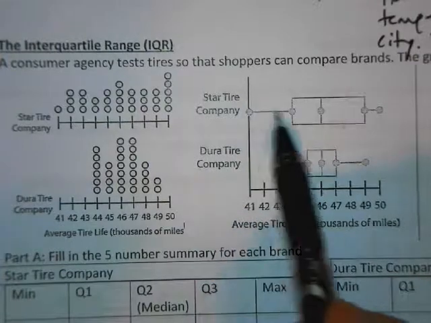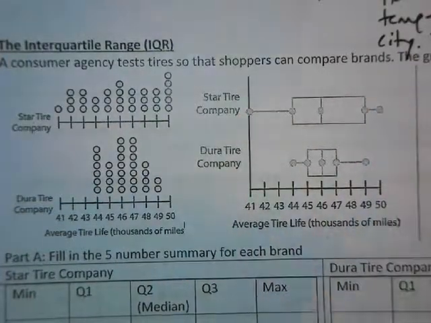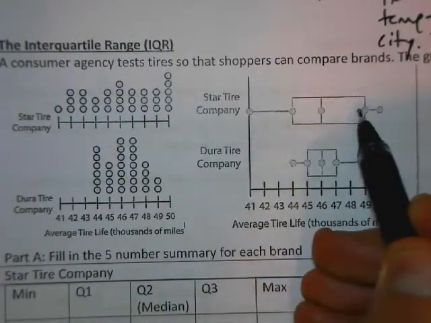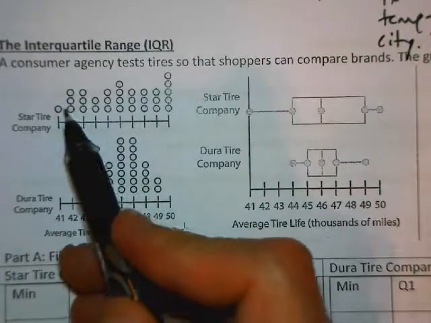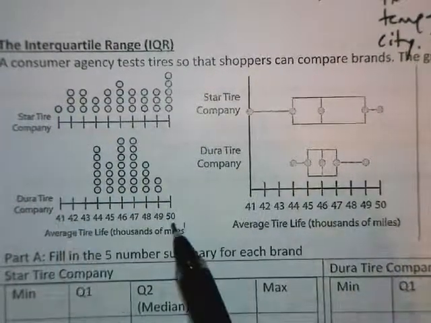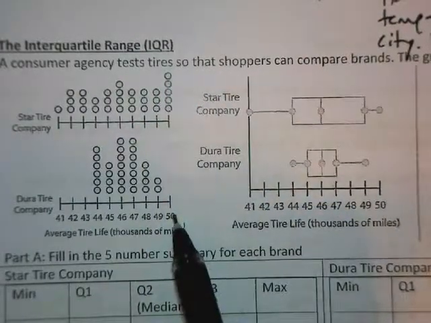And similarly, these box and whisker plots also show the average tire life. I want you to remember what a box plot shows us. The dot plots, each dot is a tire. So this is the lowest tire at 41,000 miles. This is the highest set of tires at 50,000 miles.